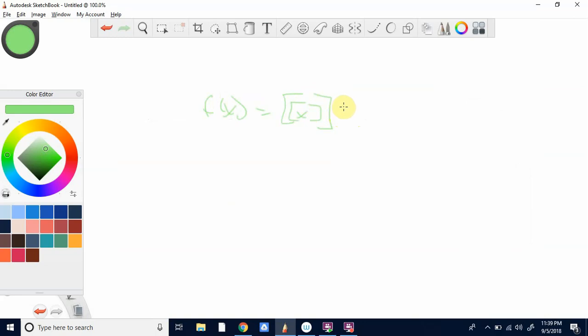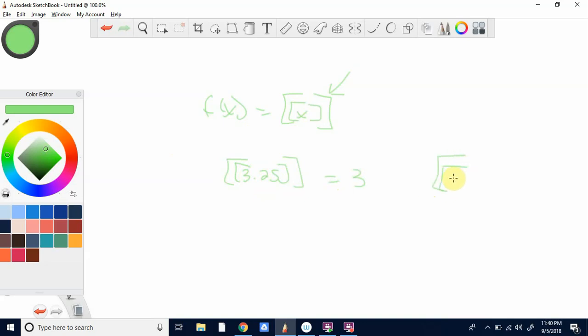So how this symbol is read: what is the integer that's less than or equal to x? For example, if I said evaluate 3.25, what's the integer that's less than or equal to this? 3.